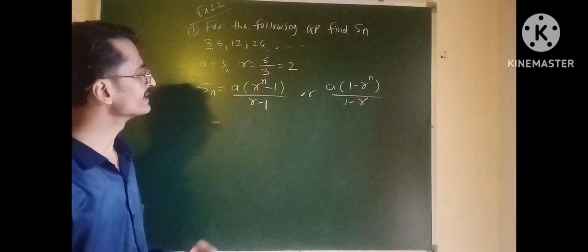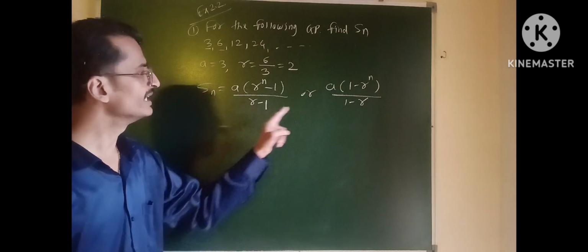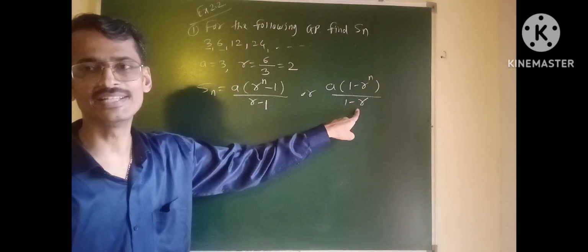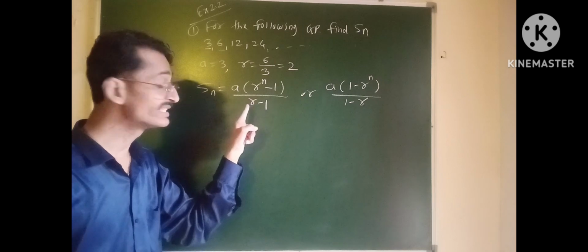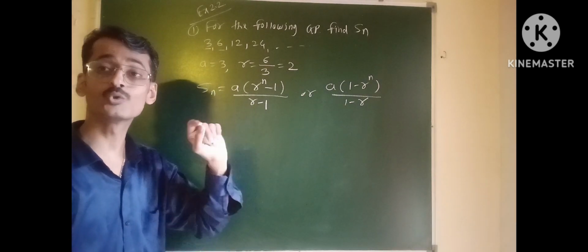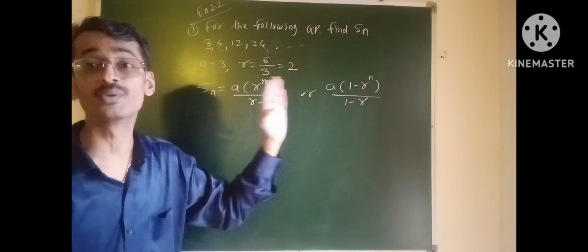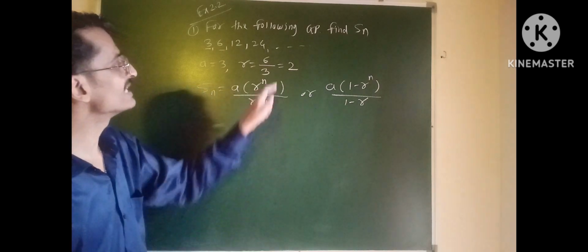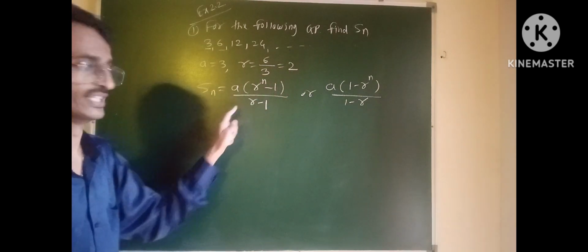But if R is less than 1, use this to avoid the minus sign. And if R is greater than 1, use the other just to avoid the minus sign. Otherwise you can use any one. So as here R is 2, let us use this.